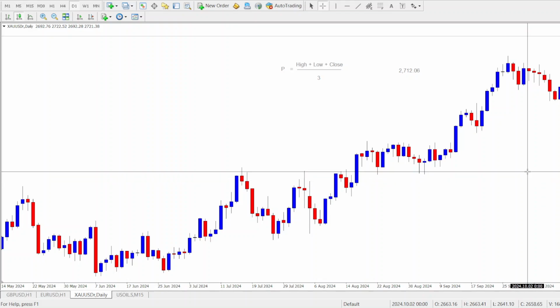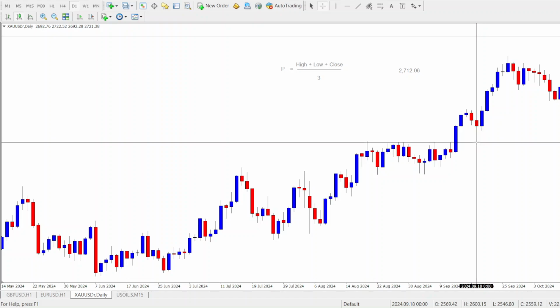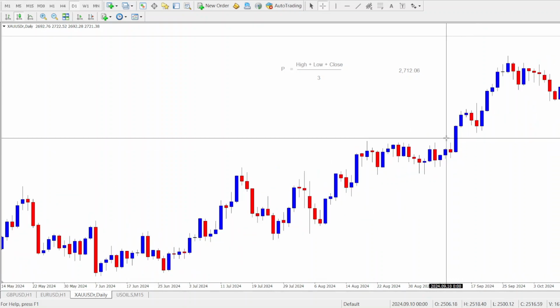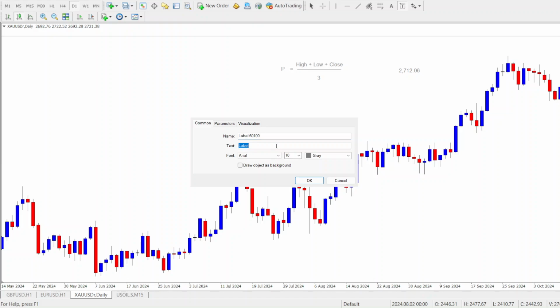As for the support and resistance levels, the first resistance, R1, is equal to 2 times P minus the low.